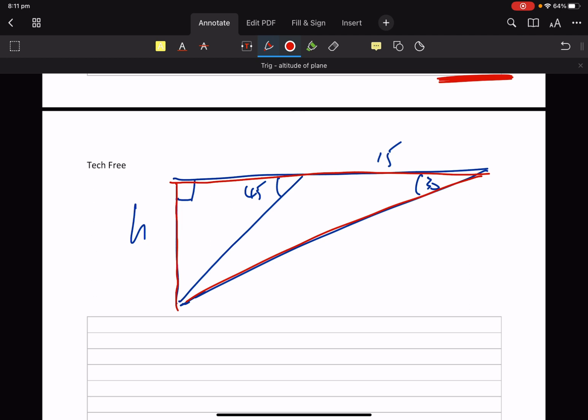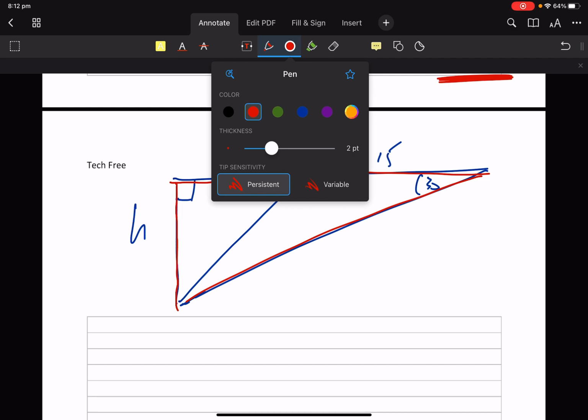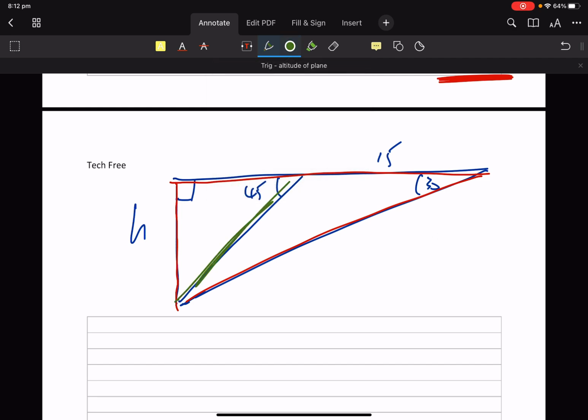The minute it doesn't have a calculator, I can't look at this non-right angle triangle because that's a 15 degrees, and I can't do that without a calculator. So I'm really stuck with right angle triangles because that's got my 30 and my 45, which I'm okay with. So let's get a green triangle.